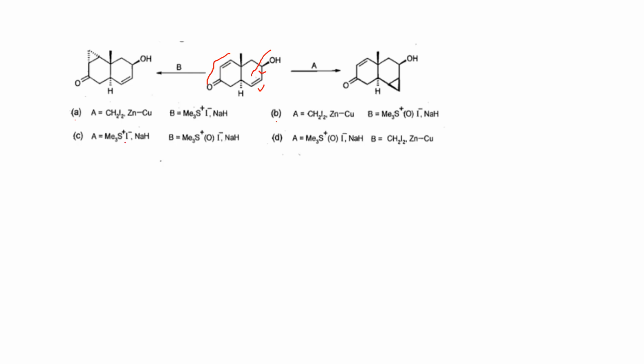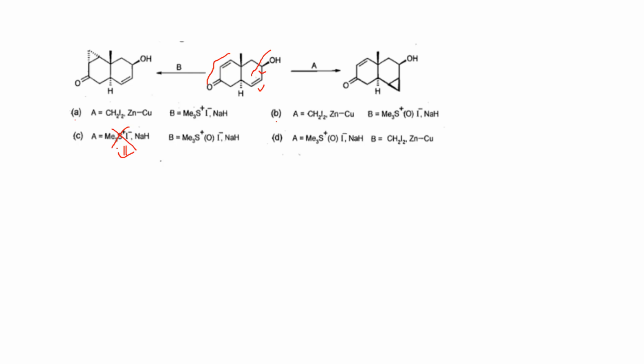These are not, because we know what type of reagent this is. This is a sulfonium ylide. We have discussed this in the previous classes. Sulfonium ylide usually reacts with the carbonyl compound or alpha beta unsaturated double bond.